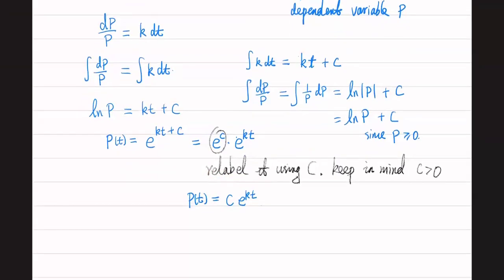So how to find this constant? We use something called the initial condition. At time 0, the initial condition, you will have the initial population. Then we can use this to find the constant.